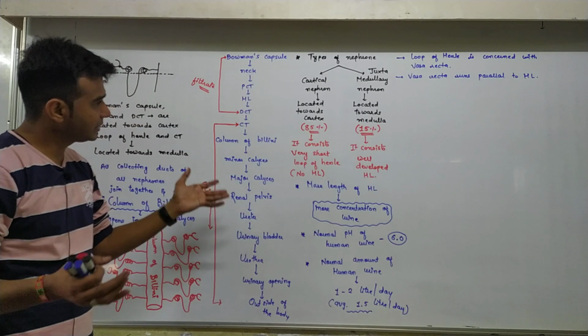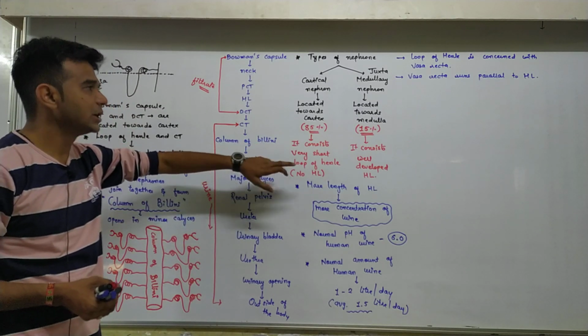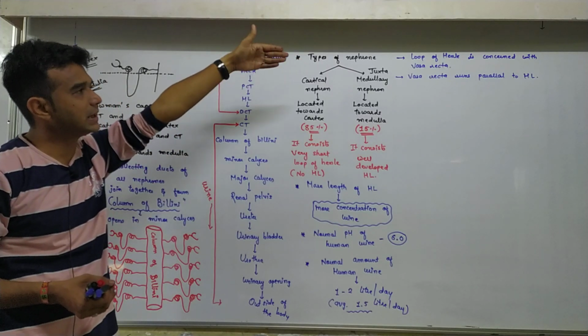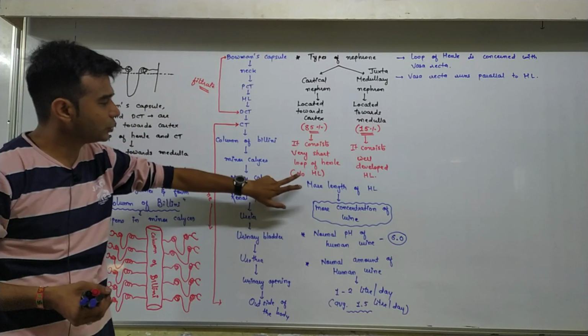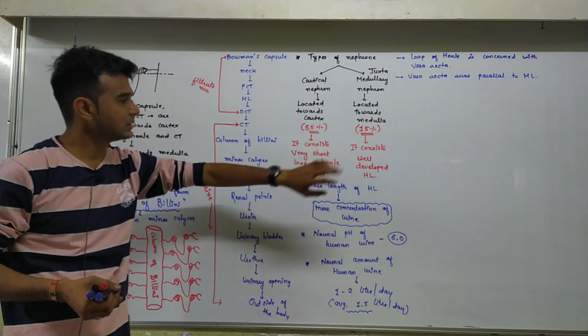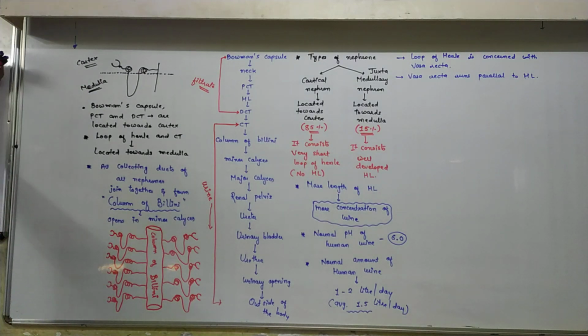Fine. So here think about a very short length of loop of Henle, so it resembles this, with a very short length of vasa recta or no vasa recta. Fine. And here vasa recta is the same. So this is about the structure of the nephron, the different parts of the nephron.